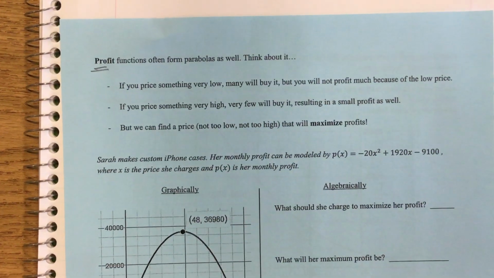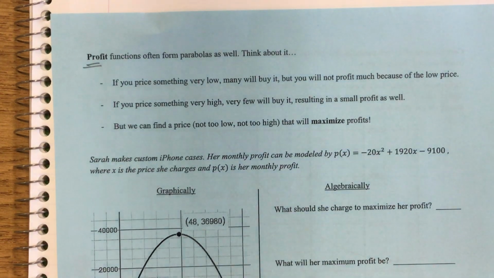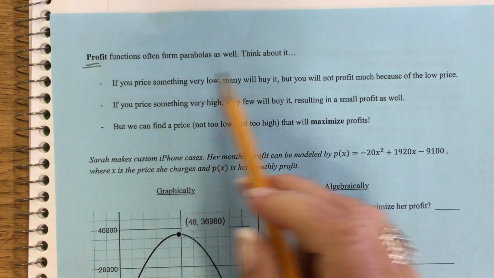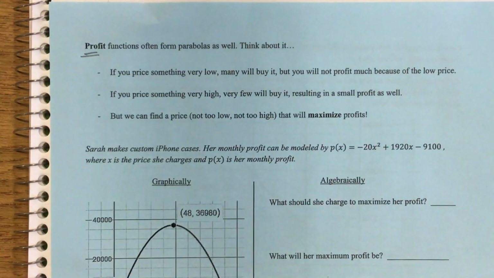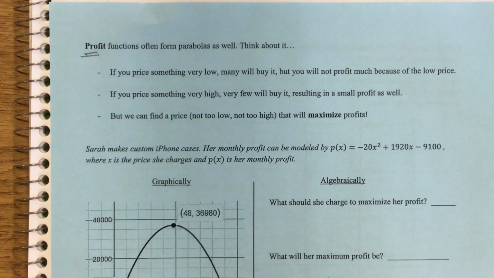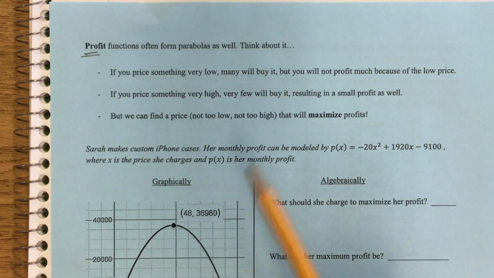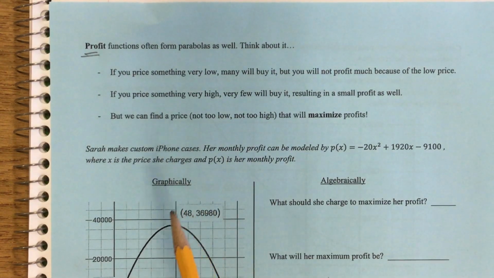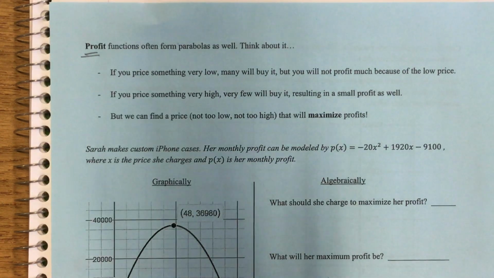Many times in business, if you owned your own business, you want to make the most money possible. But there are a lot of things that can affect what you charge and how much profit you make. If your price is too high, you're not going to make that much profit because people aren't going to buy it. If you price it too low, you're not going to make quite as much money. So there's this fine line of what is that perfect price.